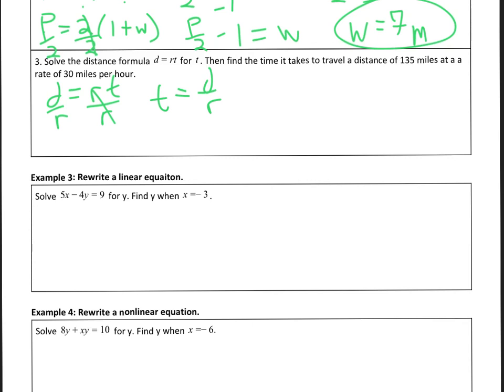So the time it takes to travel a distance of 135 miles if you're traveling 30 miles an hour. Pretty common example if you've ever used Apple Maps or anything like that. That's how that's done. Pretty simple calculation. 135 divided by 30, that's going to be 4.5 hours.